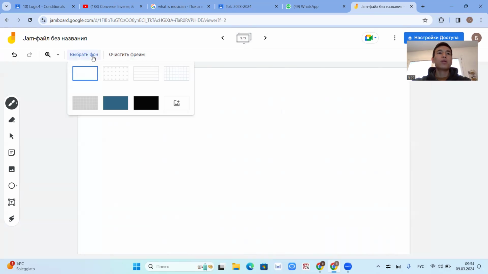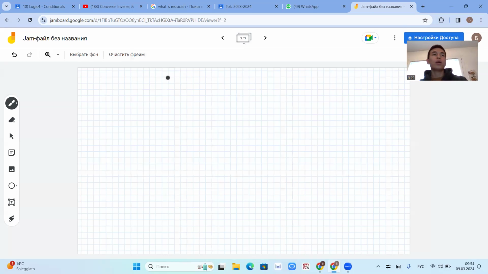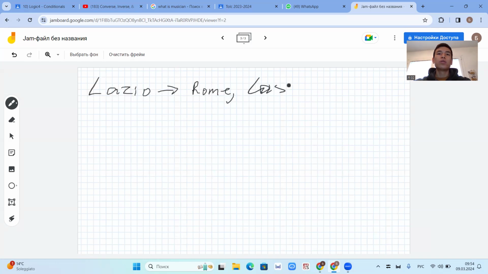Next, let me write some example. Before, I want to mention that there is Lazio. Lazio is one of the regions in Italy, and inside Lazio there are a lot of cities. For example, there is Rome, there is Cassino, there is Anzio, and there is Ostia, and so on.